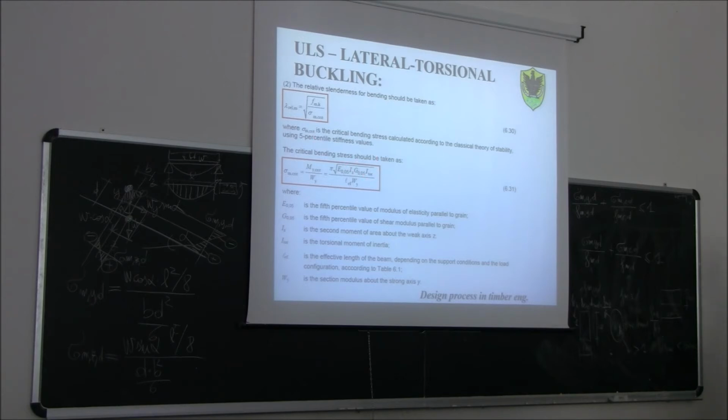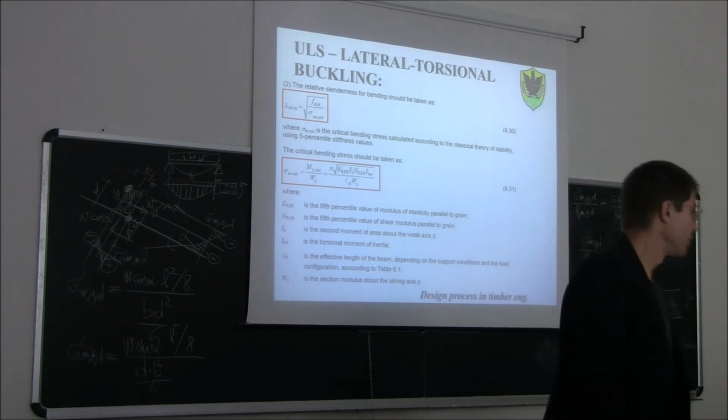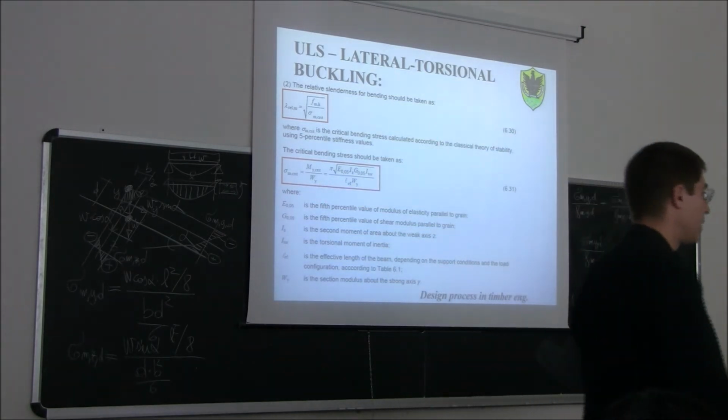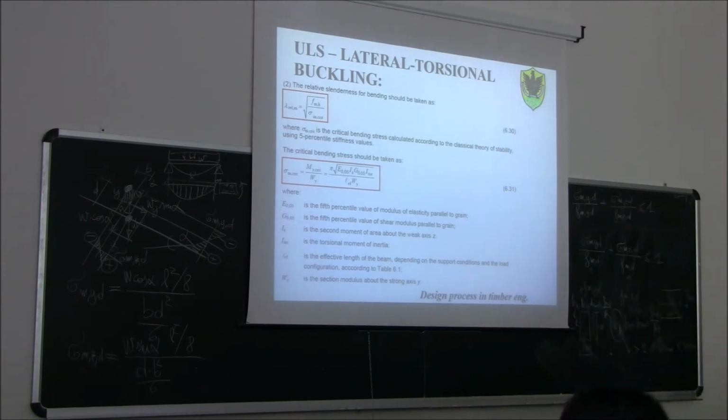Then you have the shear modulus, again the fifth percentile, times the torsional moment of inertia of your cross section, divided by l_ef, which is the effective length of the beam, depending on the support condition and the load configuration. Okay? So this equation will be demonstrated in the other course on stability.